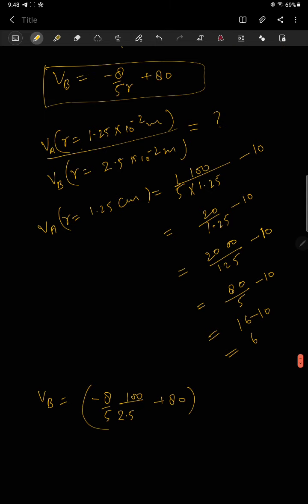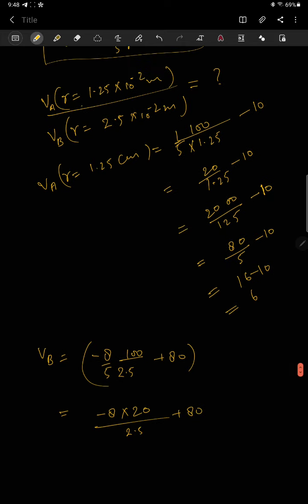So this will become minus 8 into 0.5 plus 80, which is 64 plus 80, and this 64 we will eliminate, we will get 16.